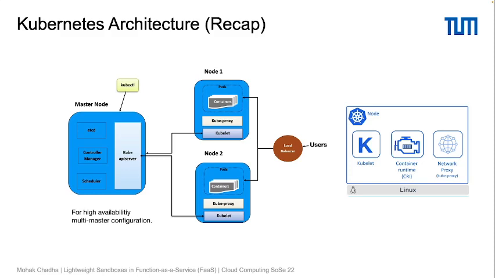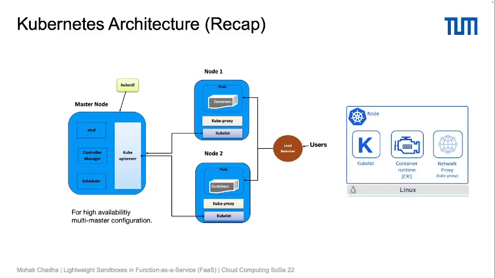Then you have the controller manager for managing life cycles, the scheduler for scheduling pods, and the API server, which is essentially your interface through which everything interacts. On the node, you have the kube-proxy for networking and the kubelet, which is the node-level daemon managing the pods.